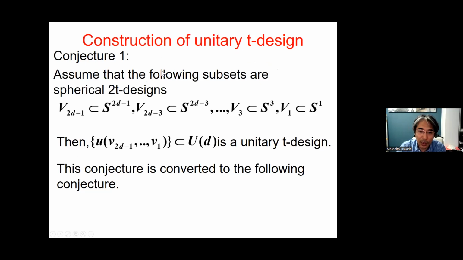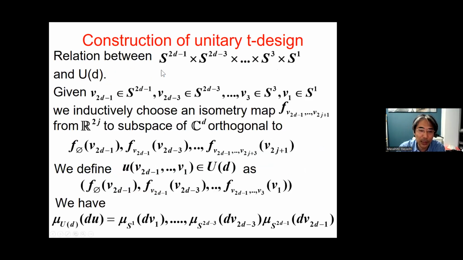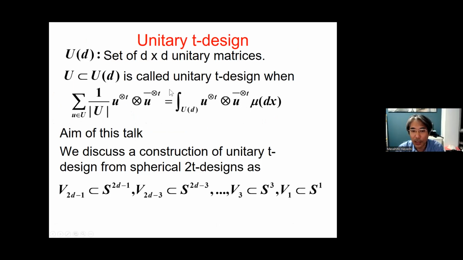Please remember that in the case of unitary designs, we need to consider matrix elements of this. In order to describe the component of this, you need 4 sequences, because the input is T times this one, and the input of this one is T times, and the output is also a T sequence.